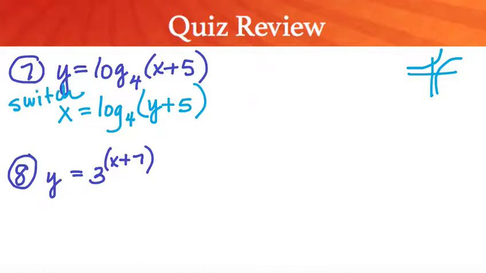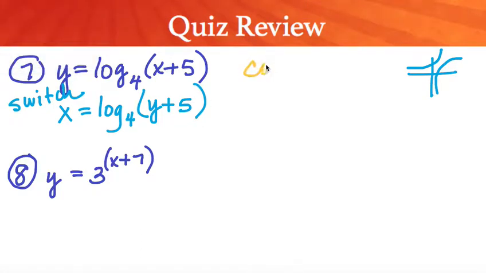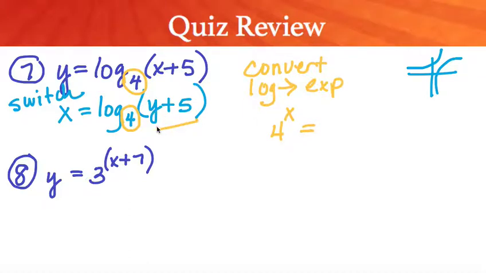Now we're going to do the convert. I'm going to convert this to an exponential. So we're going from a log to an exponent. I look for the base. The base is 4. So I'm going to go 4 to the x, equals y plus 5.